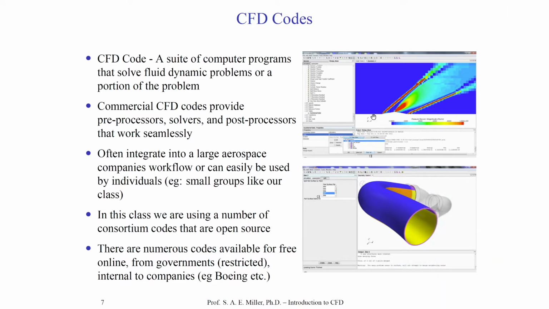This is from the Star CCM software running on Windows. And you can see there's some contour plots here, so it's showing the solutions. And these might be recognizable to you. What might you think the upper one might be? Well, from experience, I recognize that right away as some sort of flow moving from left to right that's supersonic. And this red line here would be a shock wave.